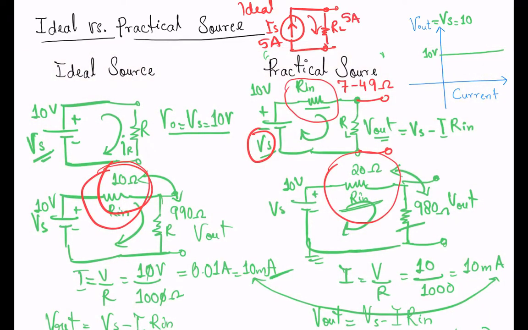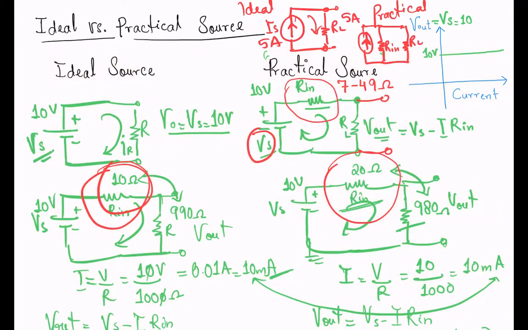In practice, that's not going to be the case. Your current source, your equipment, will have a resistance, the internal resistance, and then you have this load RL.